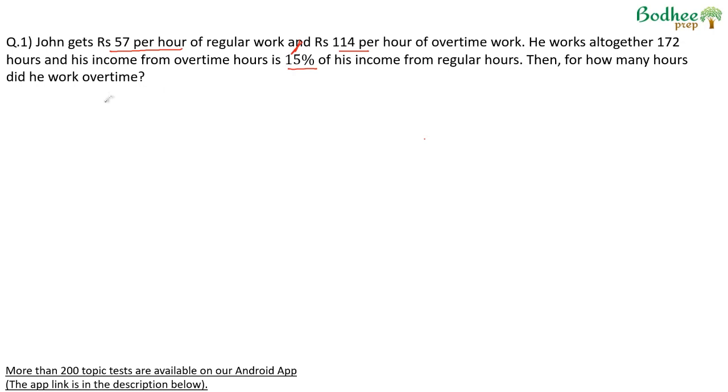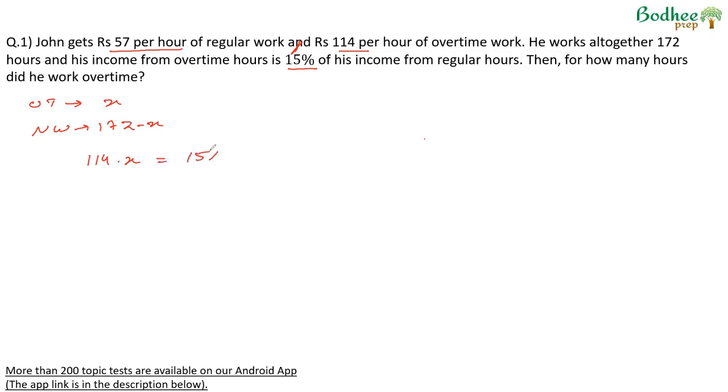Suppose he worked overtime for x hours, therefore normal work would be 172 minus x hours because he has total work of 172 hours. The income from overtime work is 114 into x, rupees 114 per hour and x hours.